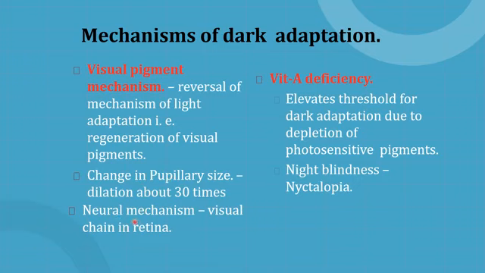In the neural mechanism, there is change in the retina, involving horizontal, bipolar, amacrine and ganglion cells. Because of that neural mechanism, transmission takes place to the optic nerve.